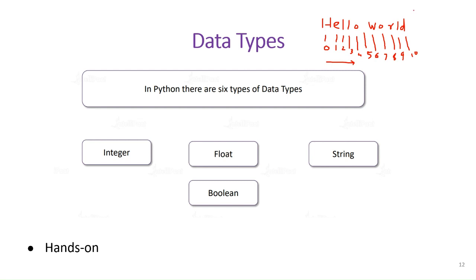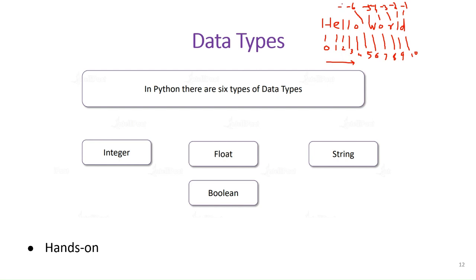Similarly, we have an indexing from right to left. The last letter is -1, which means D. Now, -2 is L, -3 is R, -4 is O, -5 is W, -6 is the space.